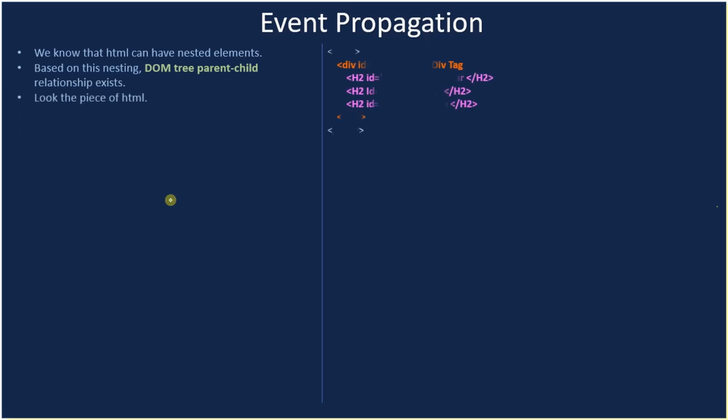Look at the piece of HTML here. Here you can see body, div, and h2 tags. So body is the element and div is nested inside the body. And the div tag contains 3 h2 elements, and these h2 elements are nested inside the div tag.